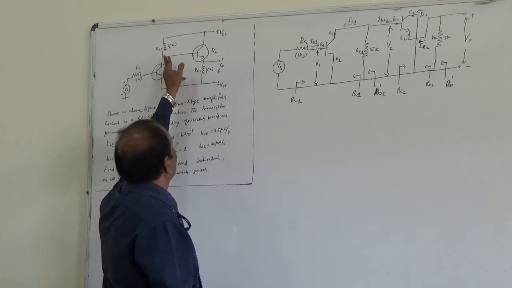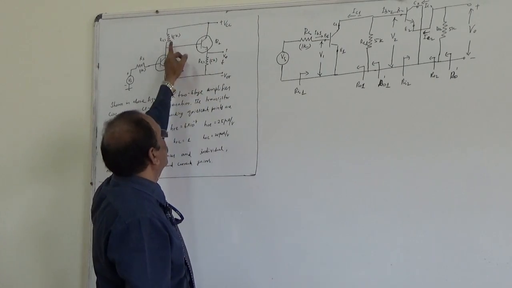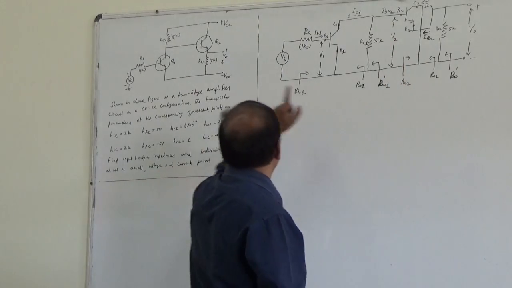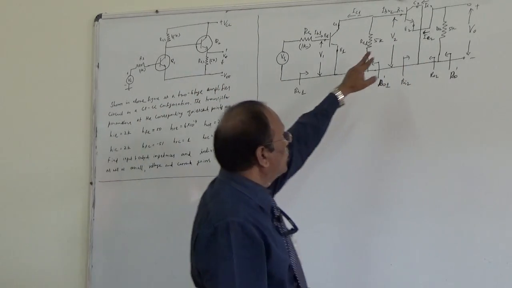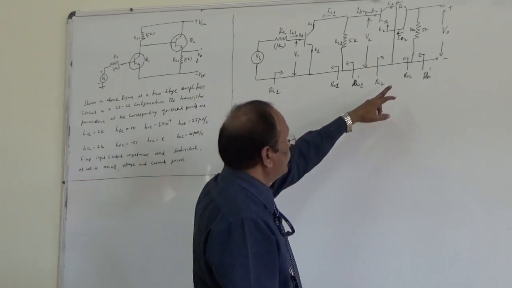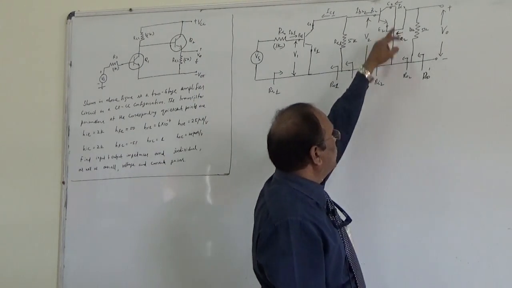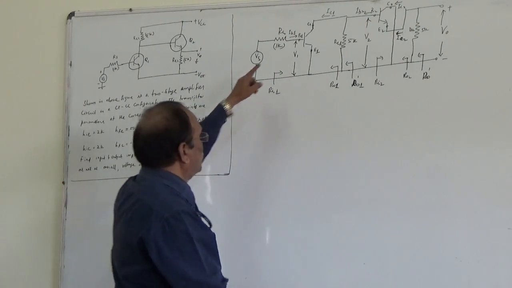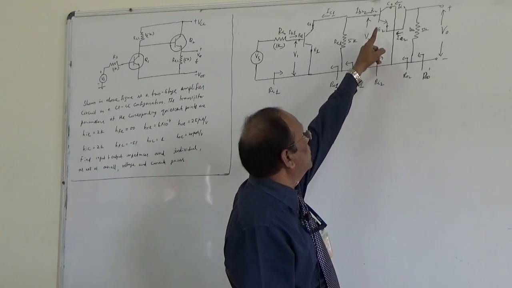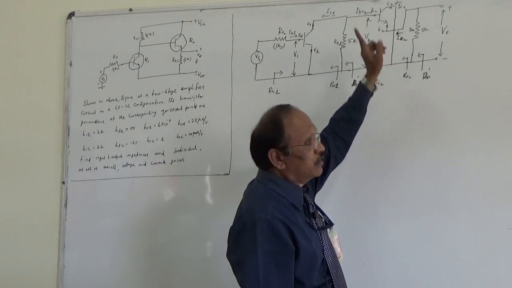The collector goes to the base as well as through the resistor RC to the grounded VCC. The emitter goes to a resistor connected to ground because VEE is shorted, and the collector is directly grounded. This is the base current of the first transistor and its collector current; this is the base 2 current, this is emitter 2, and this is collector 2 current.